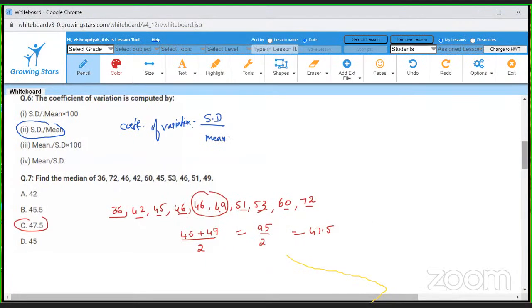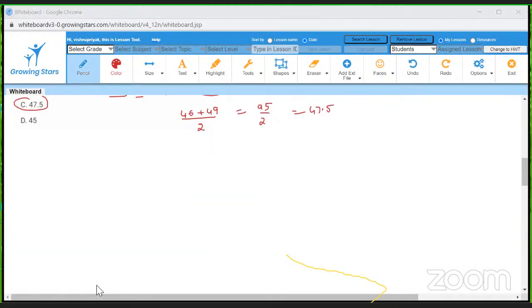That is the median. This is how you will understand what I told you yesterday. Whatever formulas I told you yesterday, now we are doing problems on it.